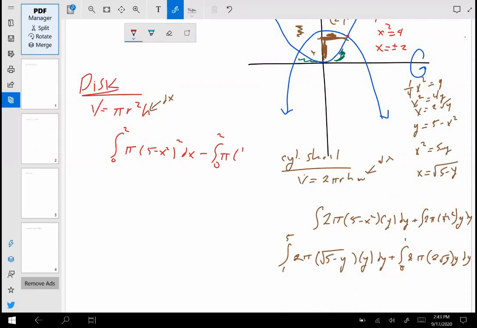Pi, and that's 1/4 x squared dx. But those integrals, this method looks substantially easier to do, so that's what I would stick with.